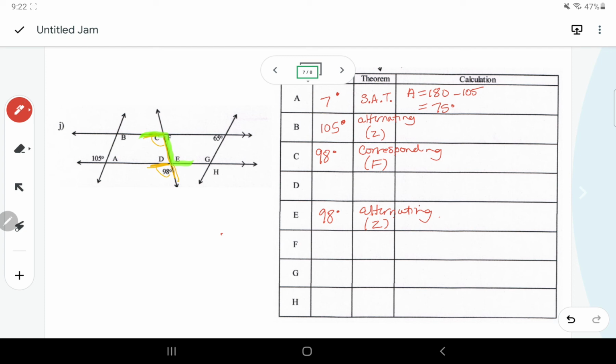We can figure out D by subtracting, so this would be 180 minus 98, which would be 82 degrees. And you could either use the supplementary with the 98 that's given, or you could use the C pattern or supplementary with the other one.